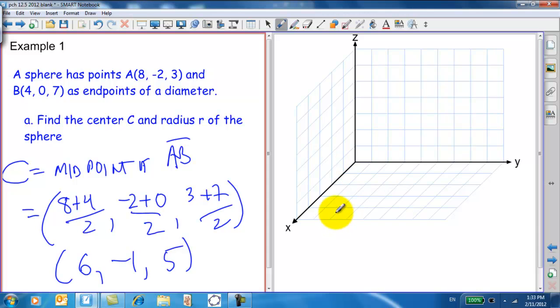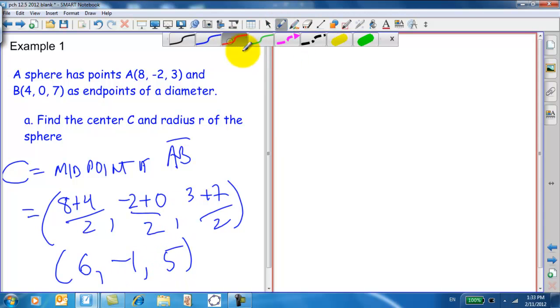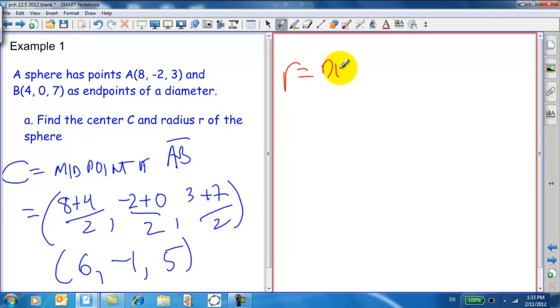So let's figure out the distance. A sphere is a set of all points equidistant from a central point. We've got that central point. Now let's figure out what the radius has got to equal. The radius will equal the distance from the center to a point.